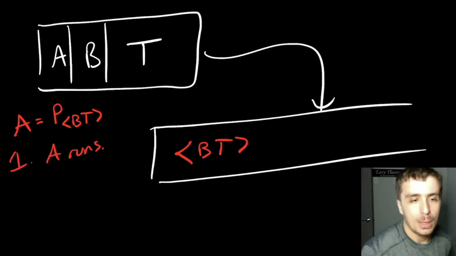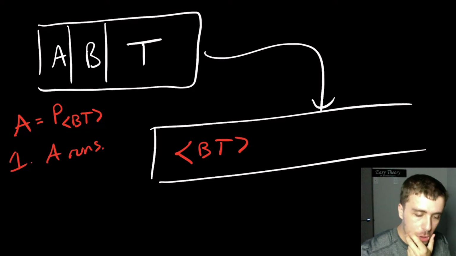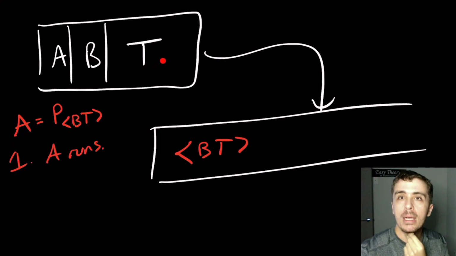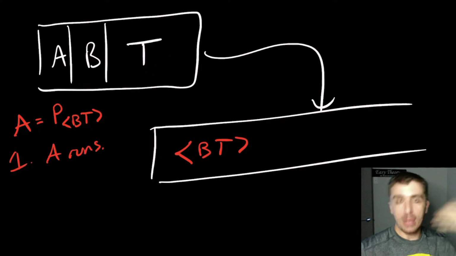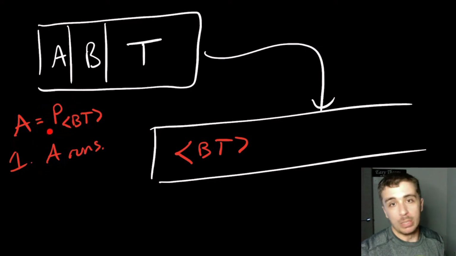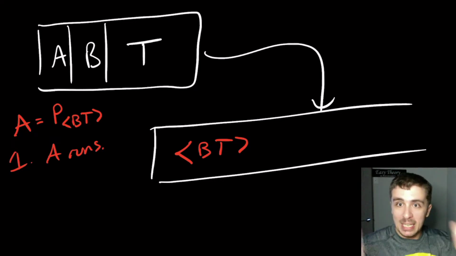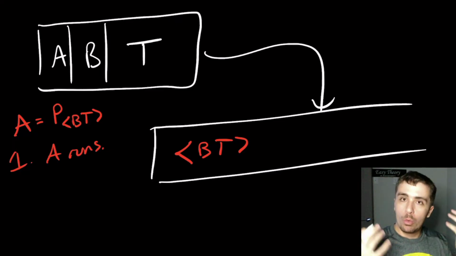Cool. The problem is that the T machine has input, remember? It has some input W that it needs to compute its own function with. Okay? How is that going to be preserved? Because when the A machine runs, the P machine right here, which is A, erases the tape and writes down BT right there. Well, what are we going to do?